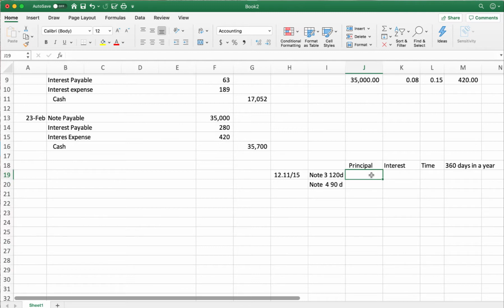Okay? The principal amount for Note 3 was $15,400. The interest rate was 9% or 0.09.